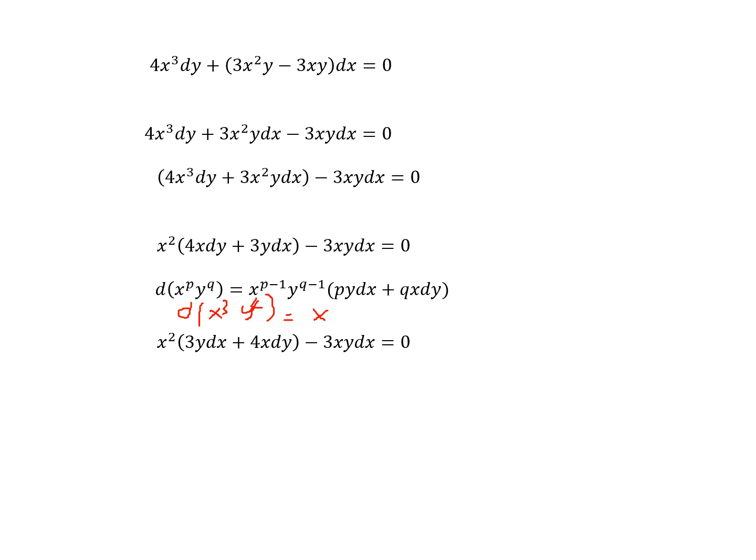This is x to the p minus 1, or 3 minus 1, is x squared, and then y cubed, and then p, 3y dx, plus qx dy, where our q is 4.